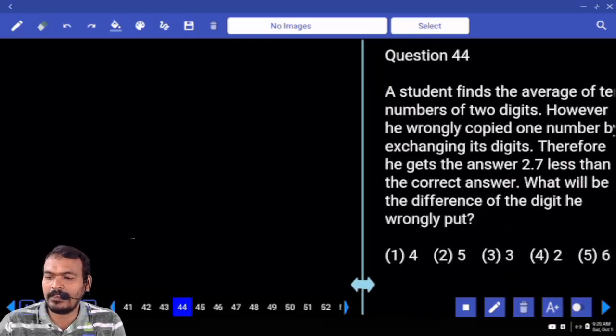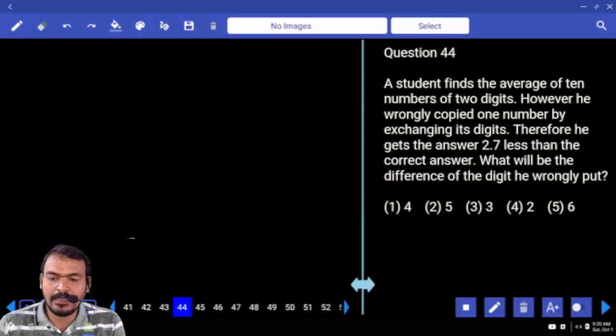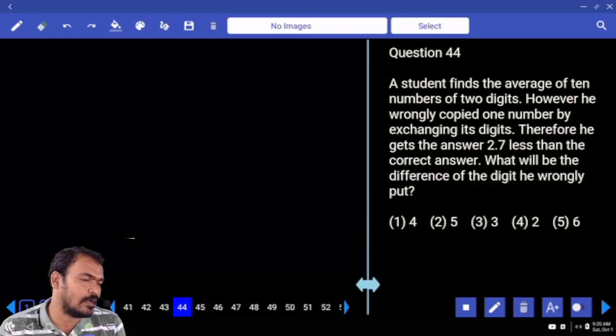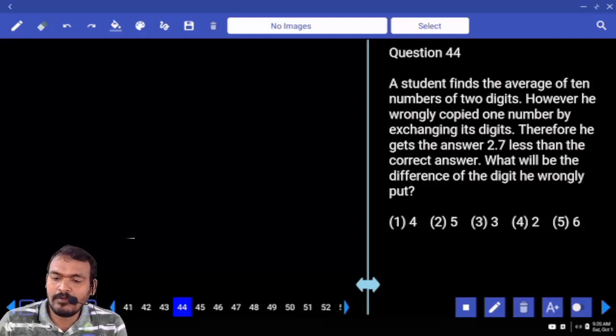A student finds the average of 10 numbers of 2 digits. 2 digits means all the 10 numbers are 2 digit numbers. However, he wrongly copied one number by exchanging its digits.